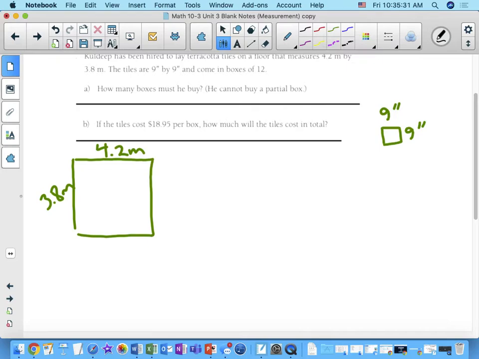Yeah. So what I want to know now is we have to convert these both into the same units. Centimeters is one option. What's another option? Yards? Can we convert centimeters into yards?